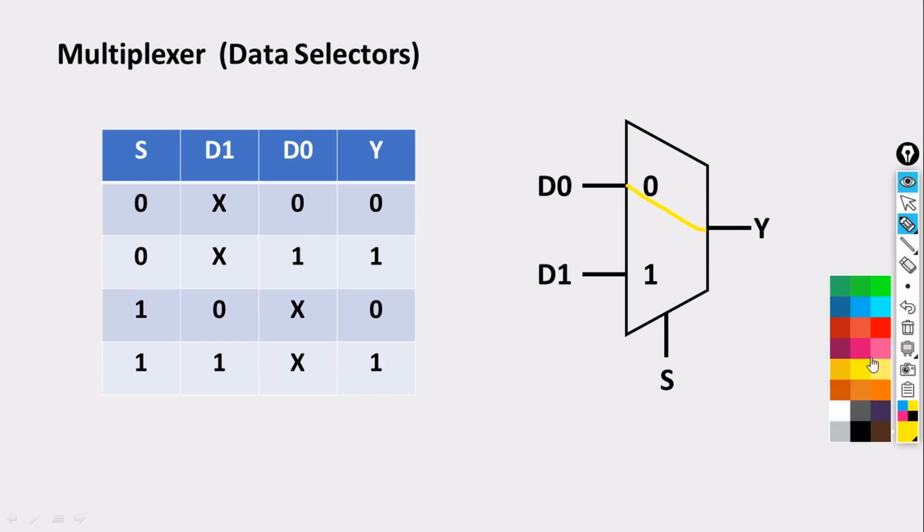Whenever select line S is 1, then D1 is going to be selected.